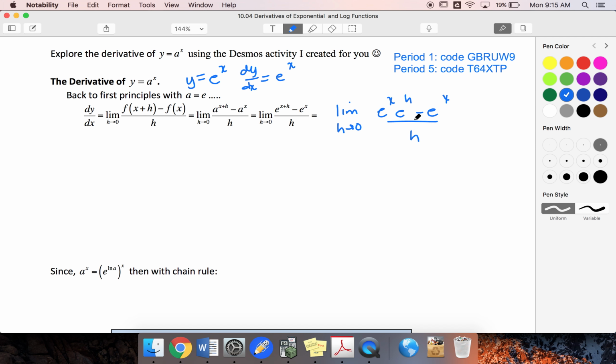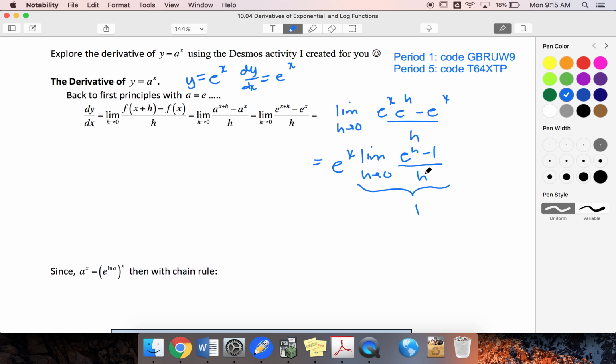Well, I can factor out the e to the x, and it's not dependent on h, so it can go in the front, and then I'm left with the limit as h goes to 0 of e to the h minus 1 over h. Well, this is the same as e to the x minus 1 over x, and the limit as x goes to 0 of that, it's a special function of e, and this is defined to be 1.